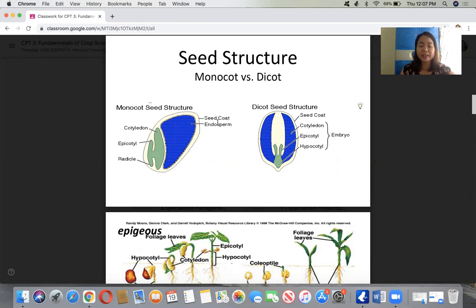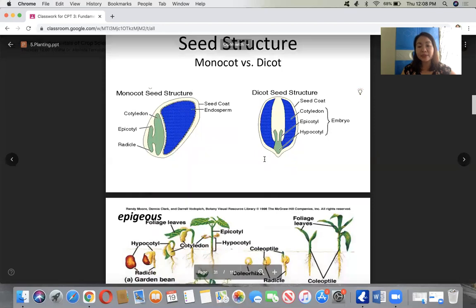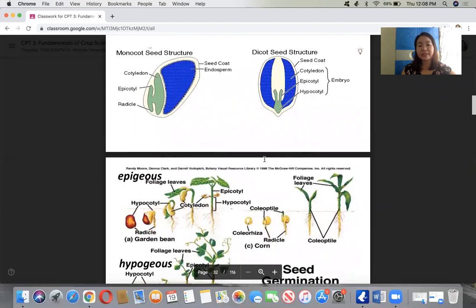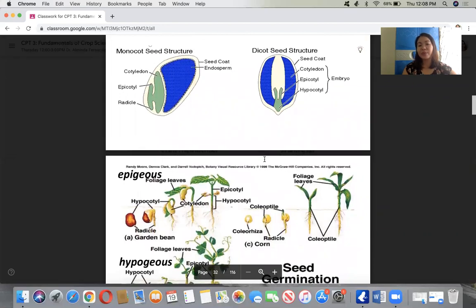The main parts are the seed coat, the cotyledon, the epicotyl, and the radicle or hypocotyl in the case of dicots. We also have the energy source, which is the endosperm, or the cotyledon in dicots.